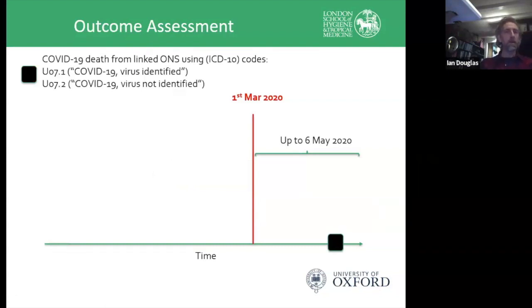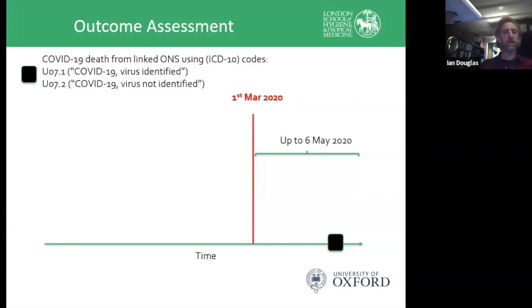So coming on to assess the outcome, we were interested in whether or not people died from a COVID-related cause after the 1st of March 2020. And to do this, we relied on linked data from the Office for National Statistics, and we were looking specifically on the death record for these 2 ICD-10 codes, COVID-19 with the virus identified or COVID-19 with the virus not identified.